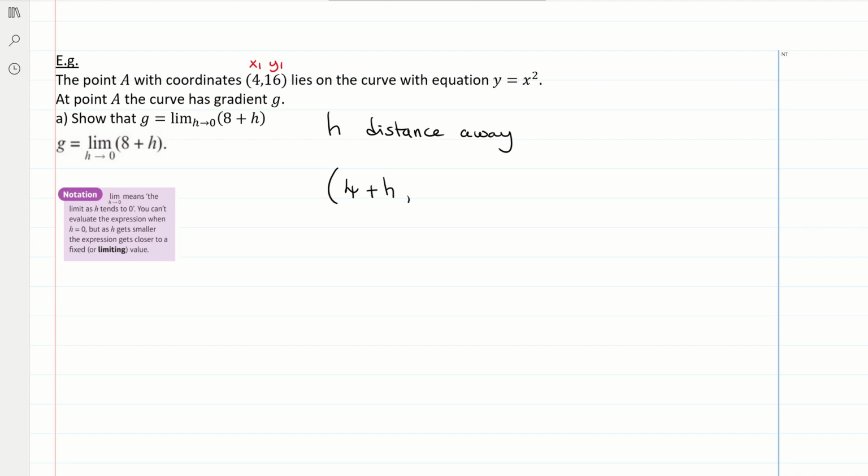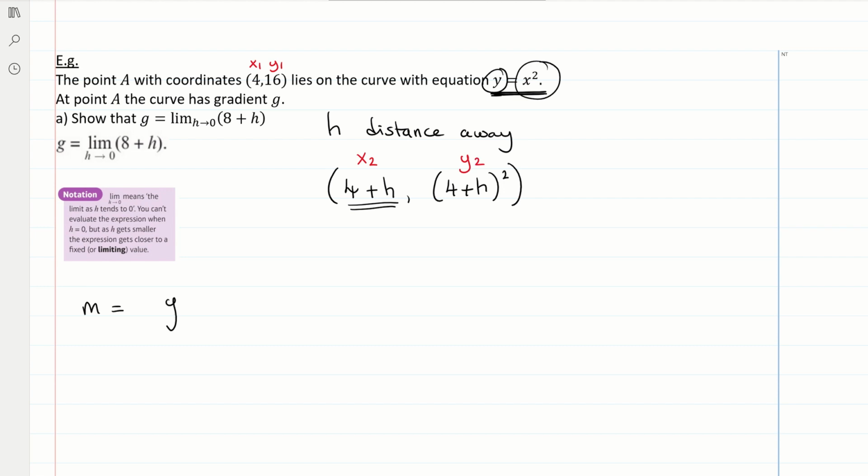That's x2. And then because it's the curve y equals x squared, the y is found by substituting the new value for x into x squared, to get (4 plus h) squared. So (4 plus h) squared is y2. So we've got our two coordinates.